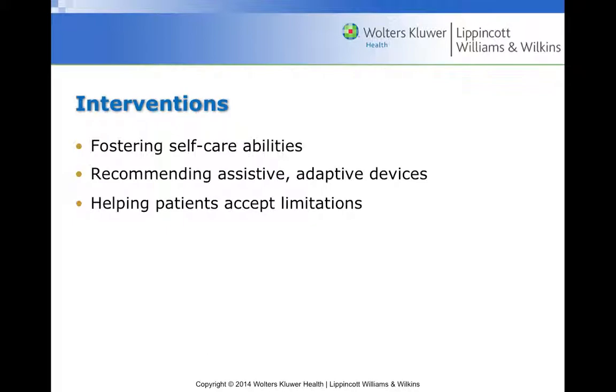Interventions for those goals: you want to foster those self-care abilities, motivate those patients, see what drives them to be independent. Most people have that internal motivation where they want to get back to being able to do what they did before the disability actually affected their life.